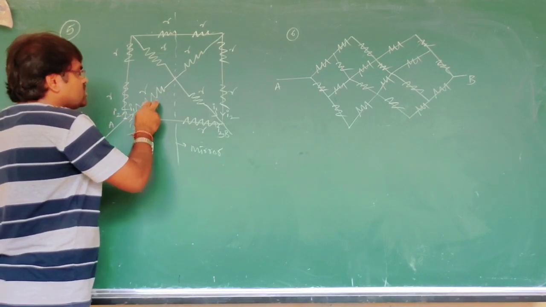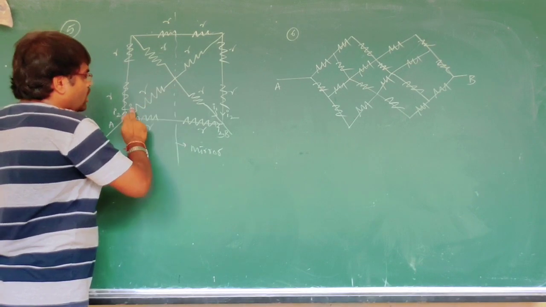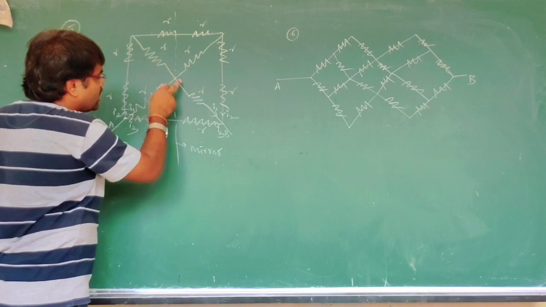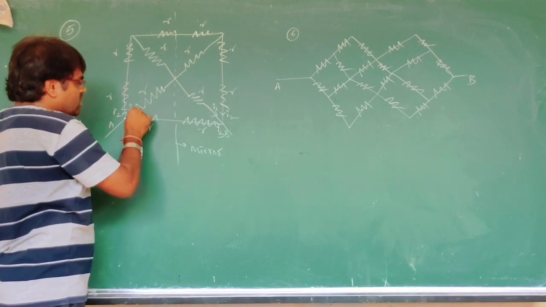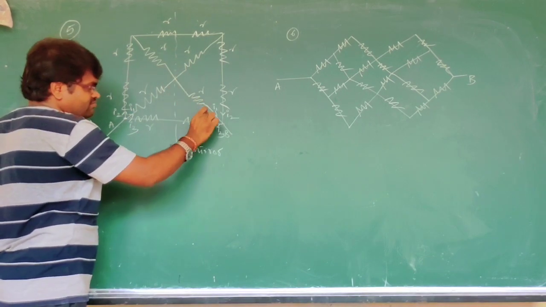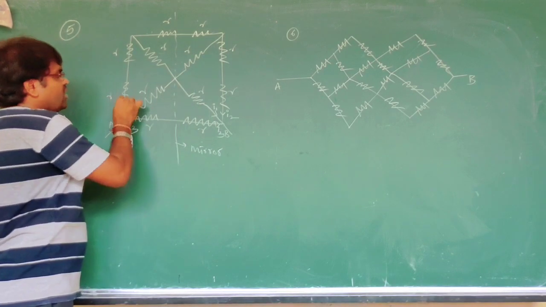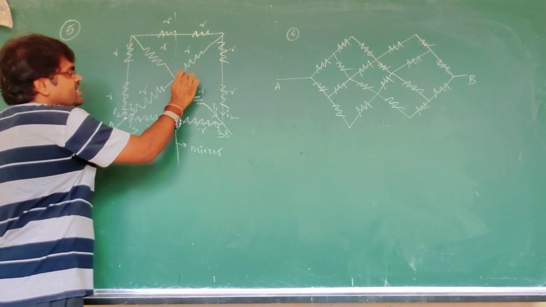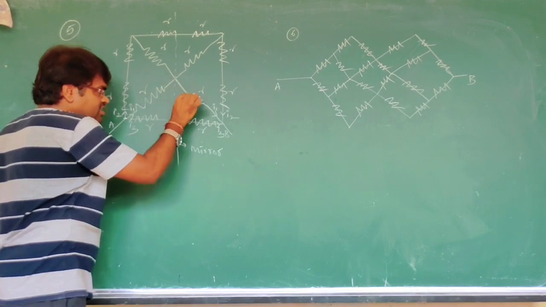Current will flow directly here. This connection is not there because current will flow I1 like this.